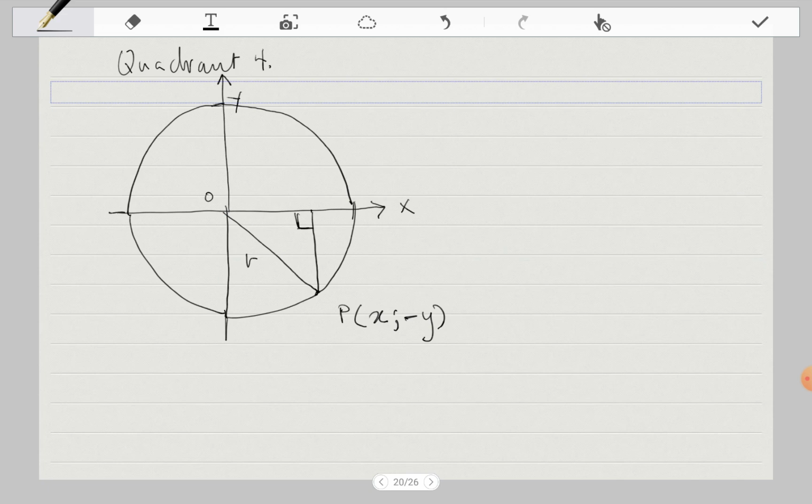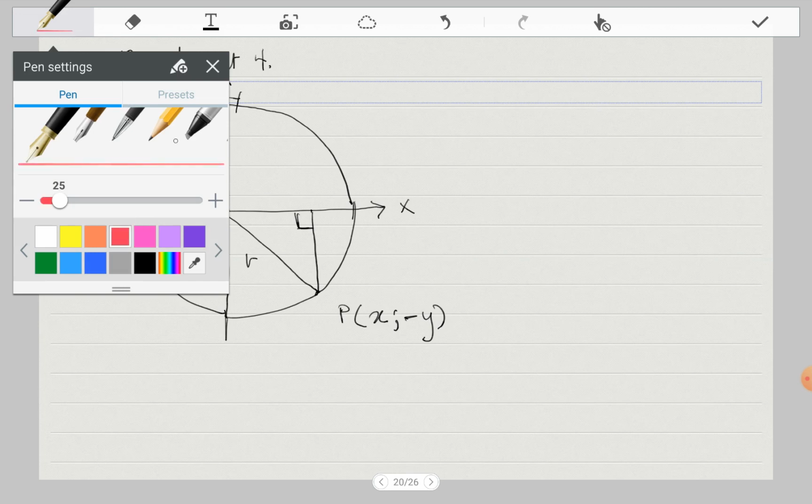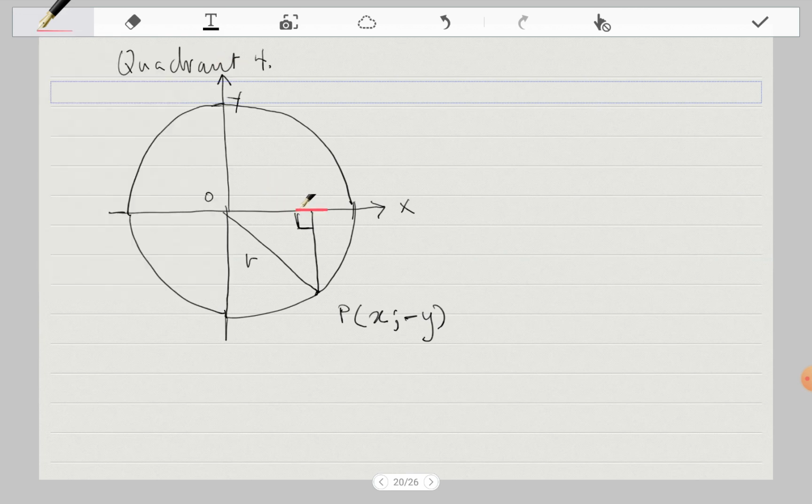So now if we have a look, where are we? We are in the fourth quadrant here. So we're actually going from here all the way around to here. We've gone all the way around. If we look at this angle, it's almost a revolution.